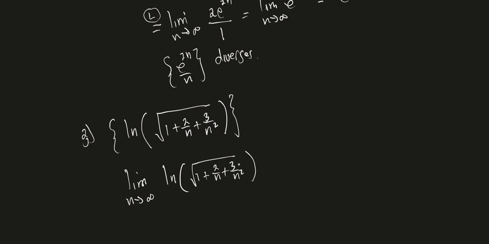Well, let's see if we can simplify this a bit. Now, with the ln and the square root, I know that I can write, in fact, let me write this down. So this is the ln of the quantity 1 plus 2 over n plus 3 over n squared, to the 1/2, right?